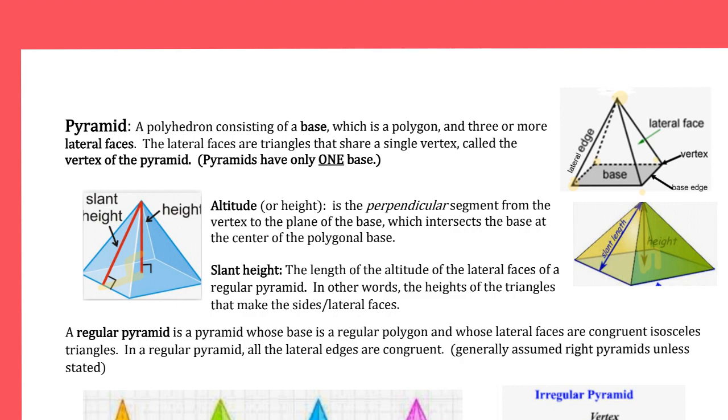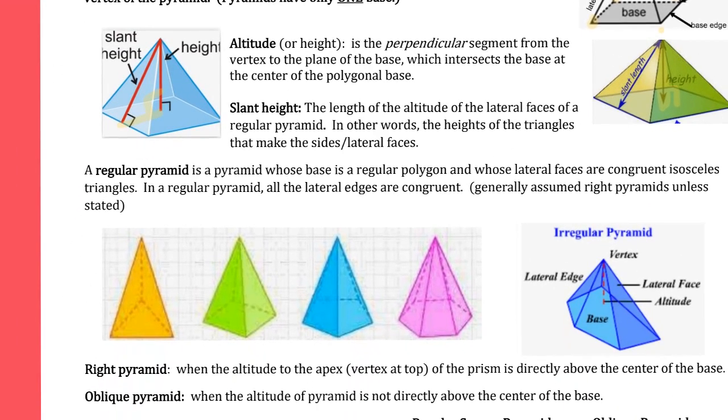Next thing would be, what's a regular pyramid? Well, a regular polygon has all the sides congruent. A regular pyramid has a base with all sides congruent. So if this triangle has congruent sides, it would be an equilateral triangle and then up to the top, and that would be a regular triangular pyramid.